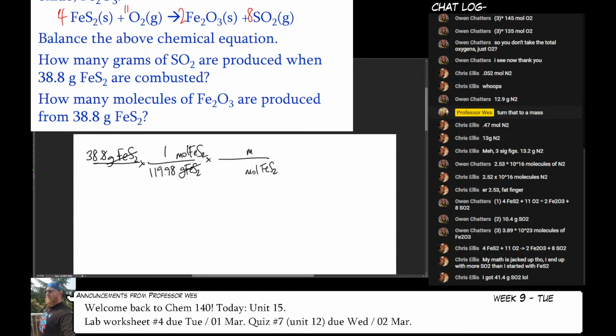So we want SO2, so I'm going to do this. So I put 4 moles of FeS2 in, and I get 8 moles of SO2 out. That's not what I meant to write.